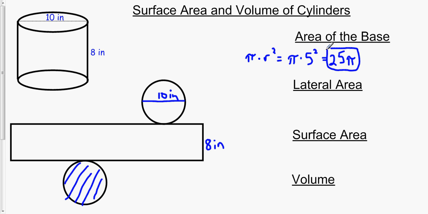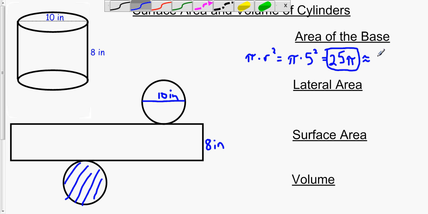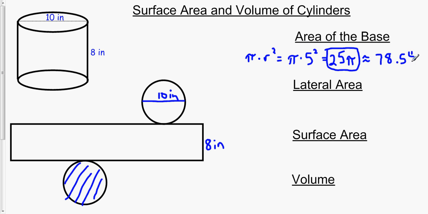If you want a decimal approximation, you take 25 times 3.14159. It's close enough. We get 78.54 inches squared. So that's the area of one of these circles, 78.54 or 25 pi.